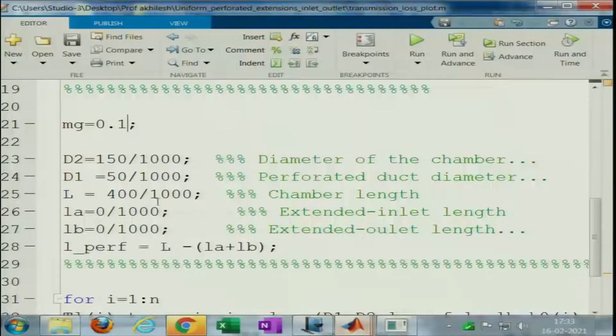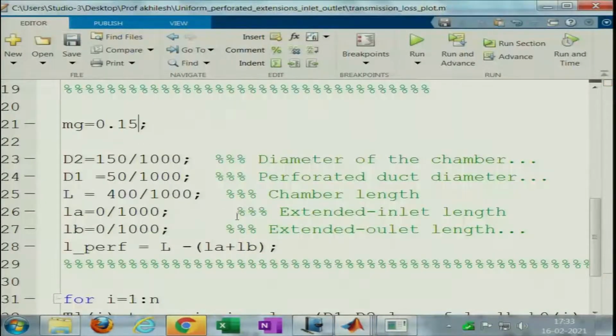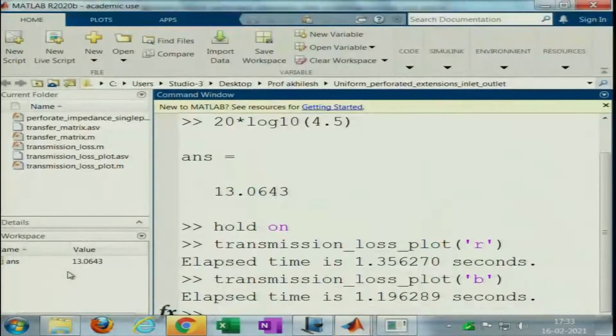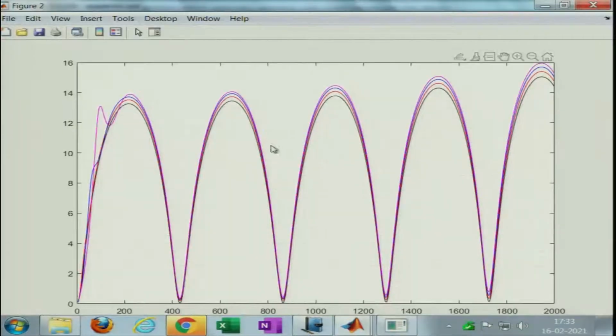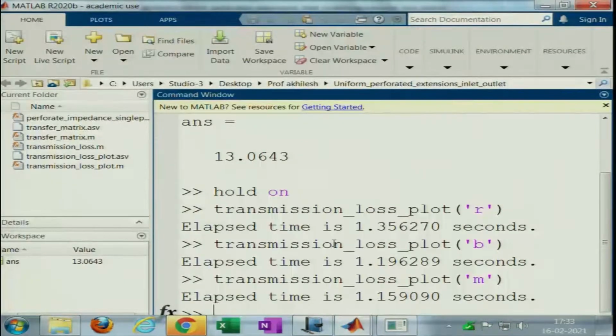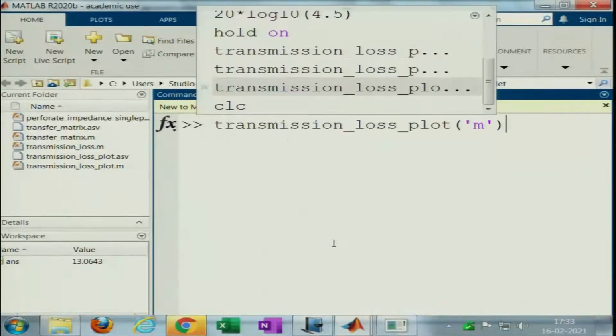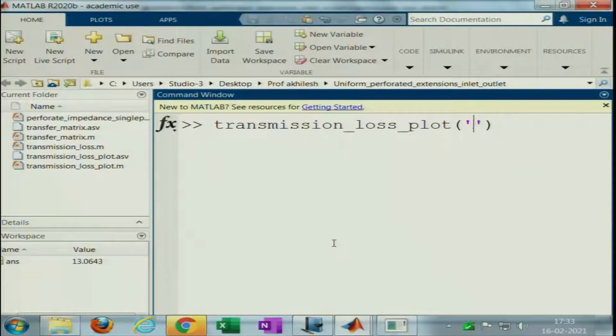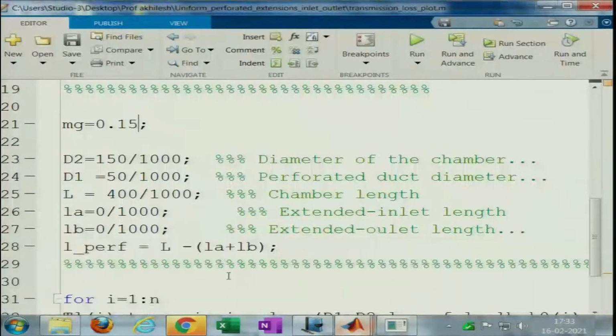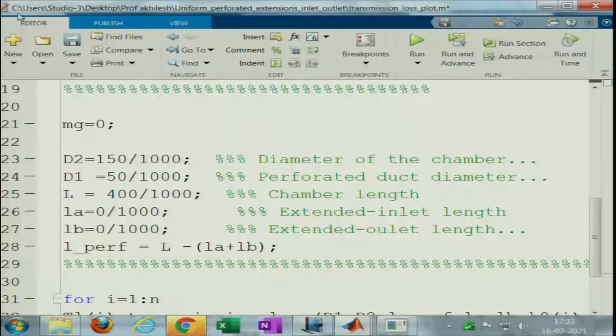Let us do one more for 0.15, and let me use some other color, magenta, and we will see these peaks happening due to the mean flow at very low frequencies. These are all characteristic of the mean flow. So, what I would suggest is that let me close this figure and let us get back to our basic figure for the case when we have zero flow, that is a stationary medium.